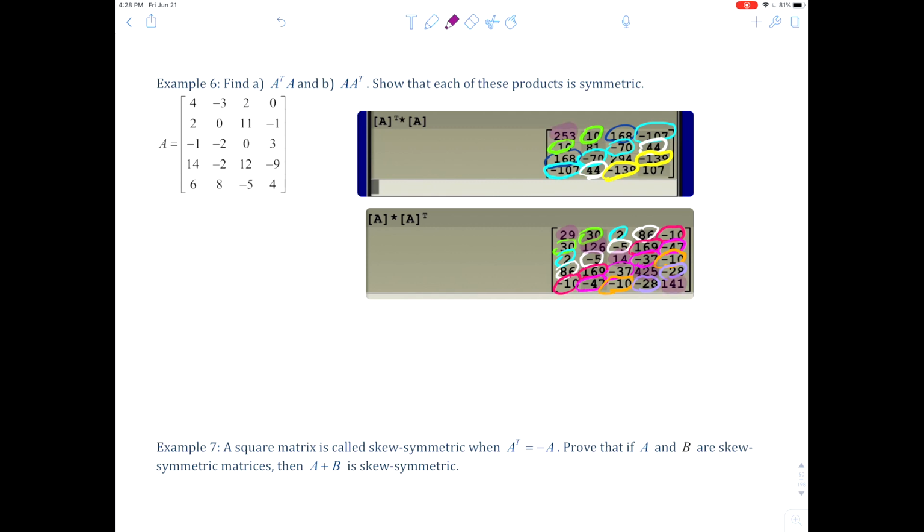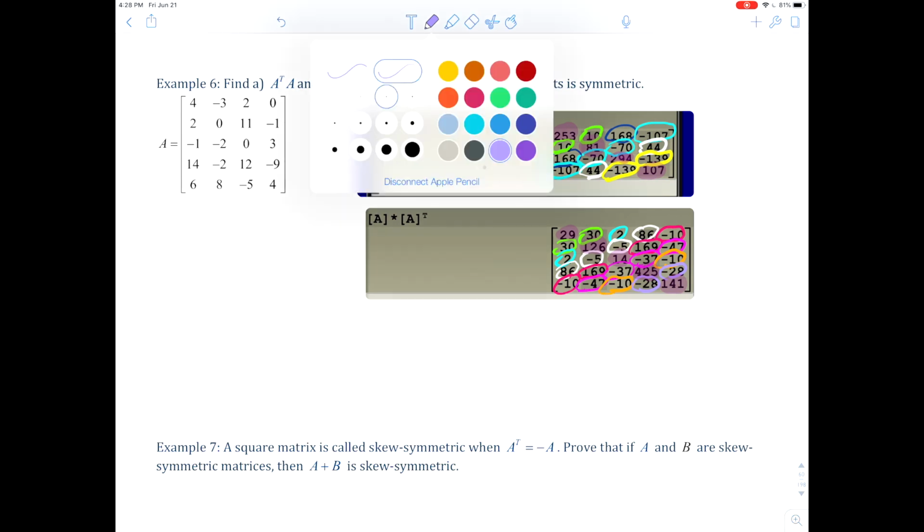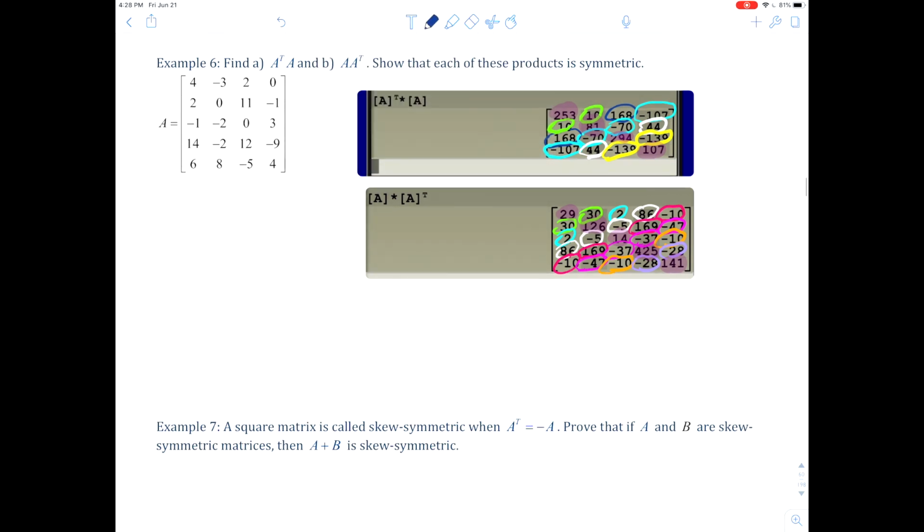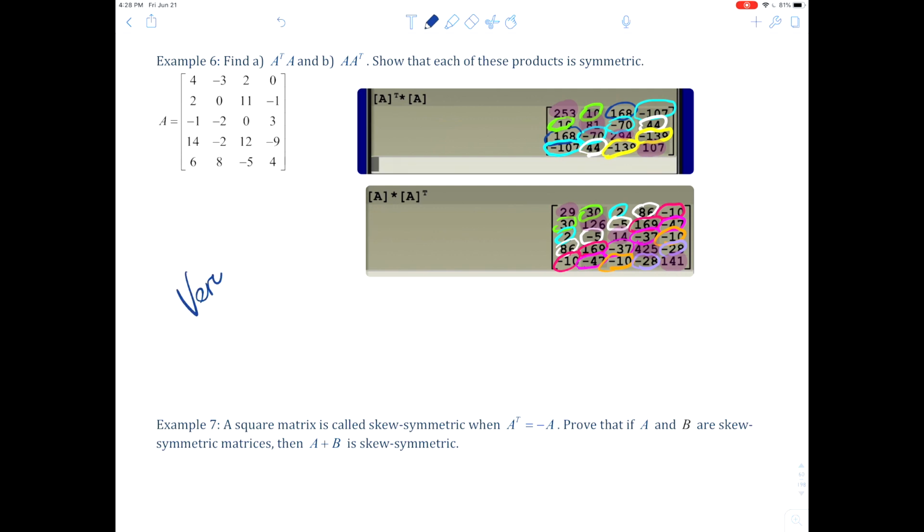And on the first one, these are the diagonals. Cool? All right, so if you folded these matrices in half, the numbers would land on top of each other. You'd have the same. Groovy? All right, so let's look at. This is very groovy.